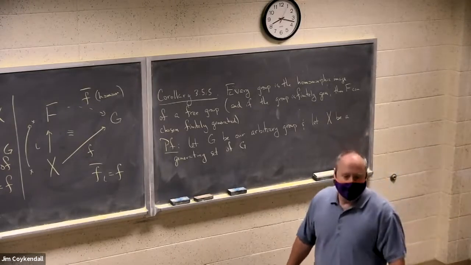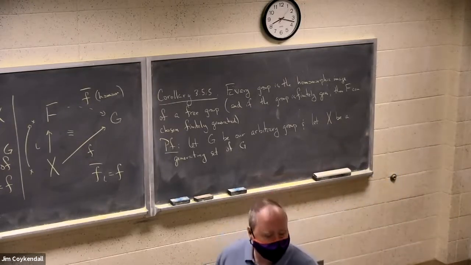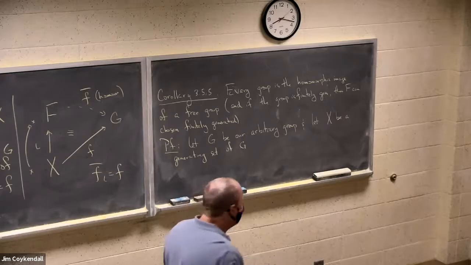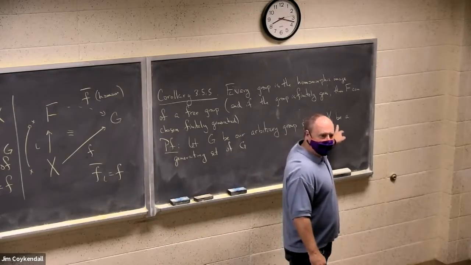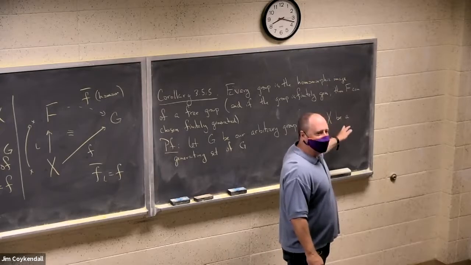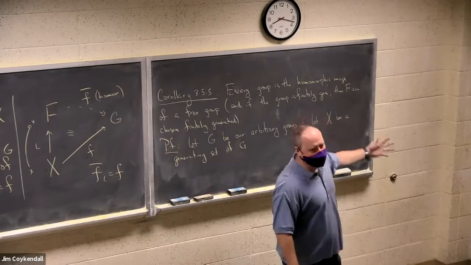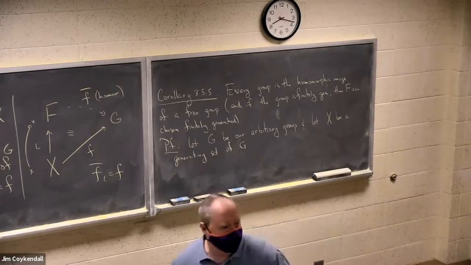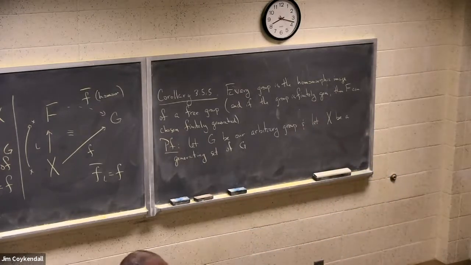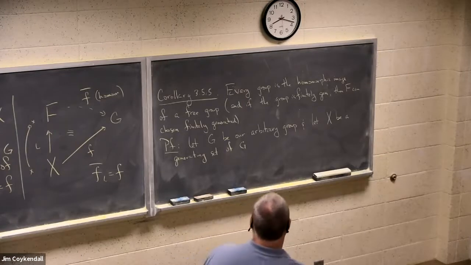You might ask, Jim, how do you know that such a thing exists? Well, if nothing else, you could take X to be all of G. Certainly, if you take everything in G, that generates G in a very stupid way, but you could do it, right? For example, the integers are generated by the integer 1. However, it's certainly generated by all integers, right? Very much overkill, but at least I know I can do it.